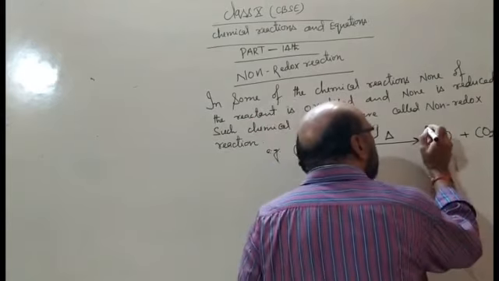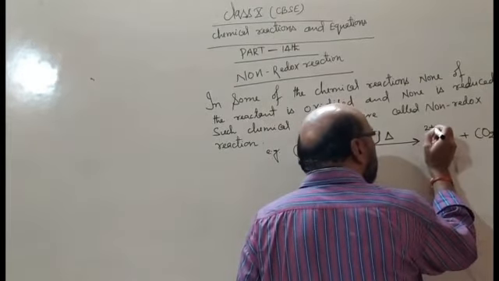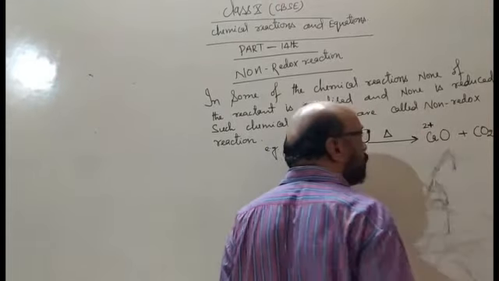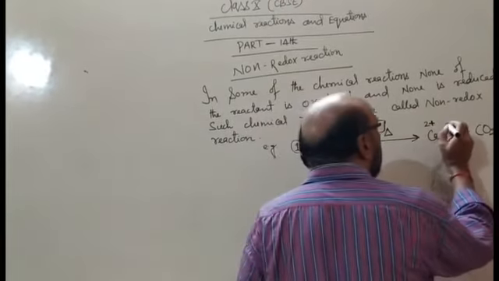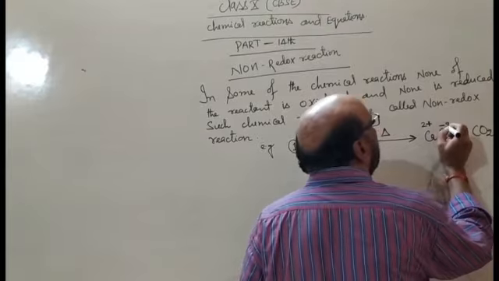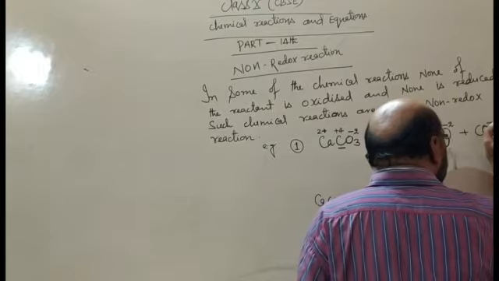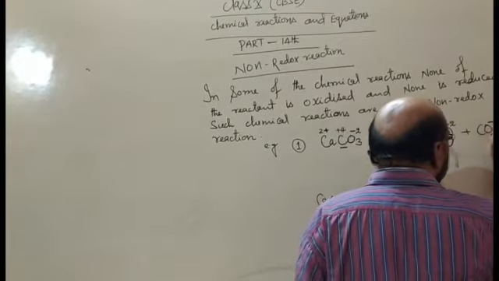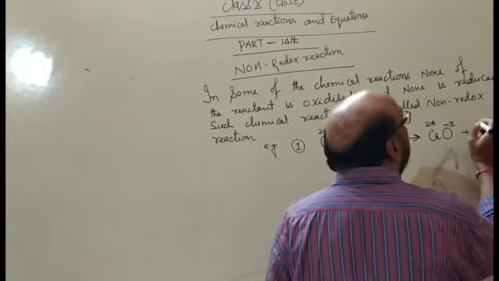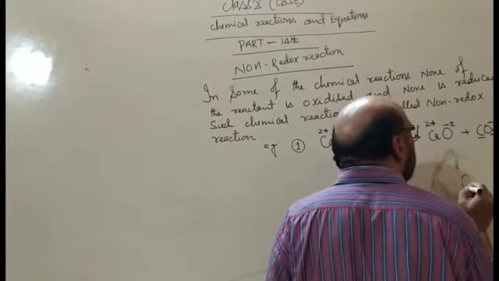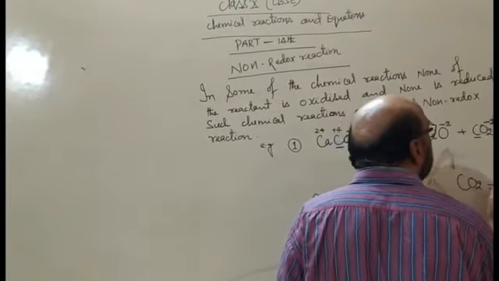Again here, in calcium oxide, calcium is an alkaline earth metal which always possesses the oxidation state +2. And oxygen in a compound possesses the oxidation state -2. And we need to calculate the oxidation state of carbon in carbon dioxide.